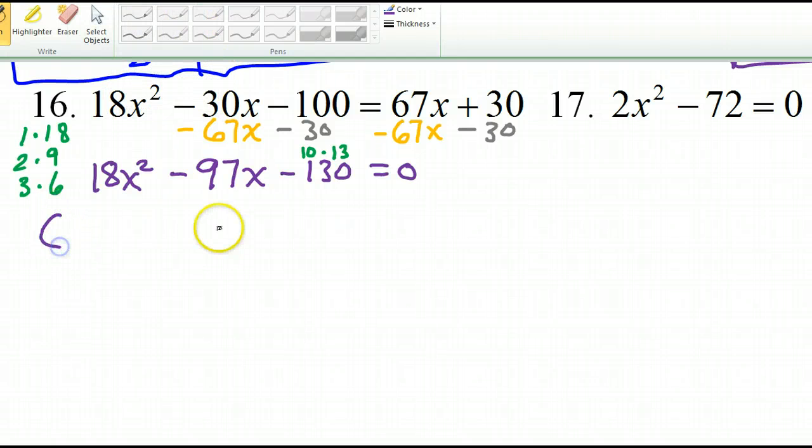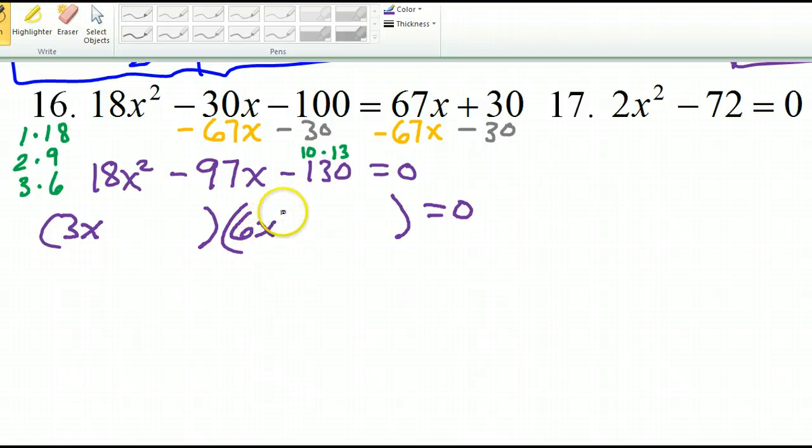So as we begin to factor, 18, we decided to go with 3x and 6x to start off with. And then we decided to go with 10 and 13. So this would be 10 and 13.